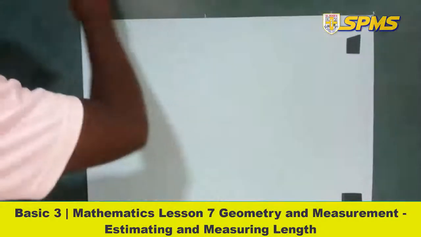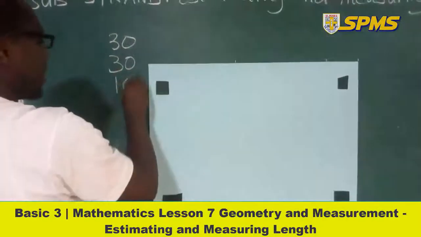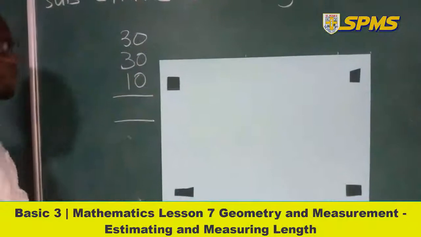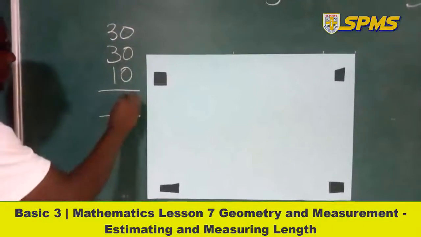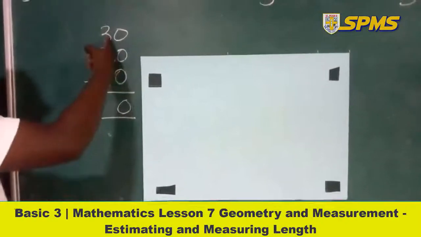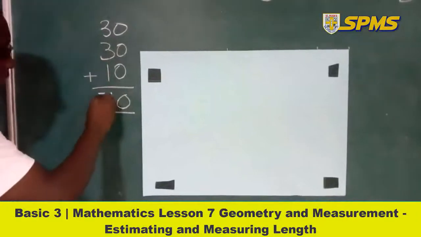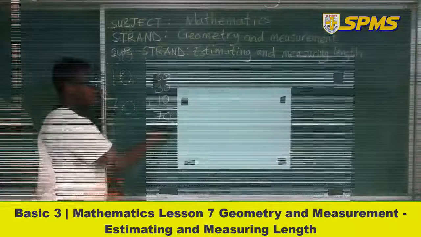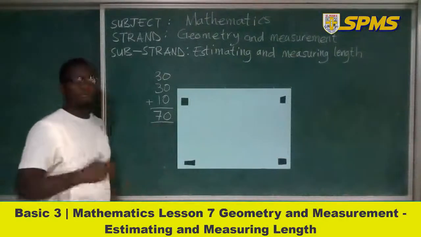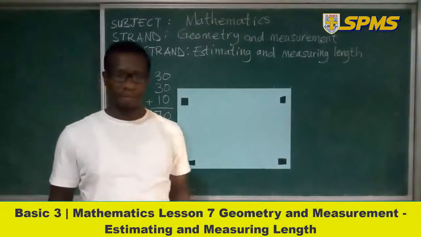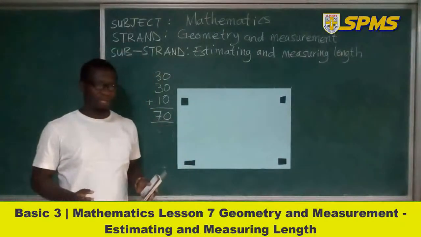So when we add our 30 plus our 30 and our 10, what do we get? 0 plus 0 plus 0, 0. 3 plus 3, 6 plus 1, 70. Compare the measurement of what we have here to what you have estimated earlier. Have you found the difference? Did you get it?